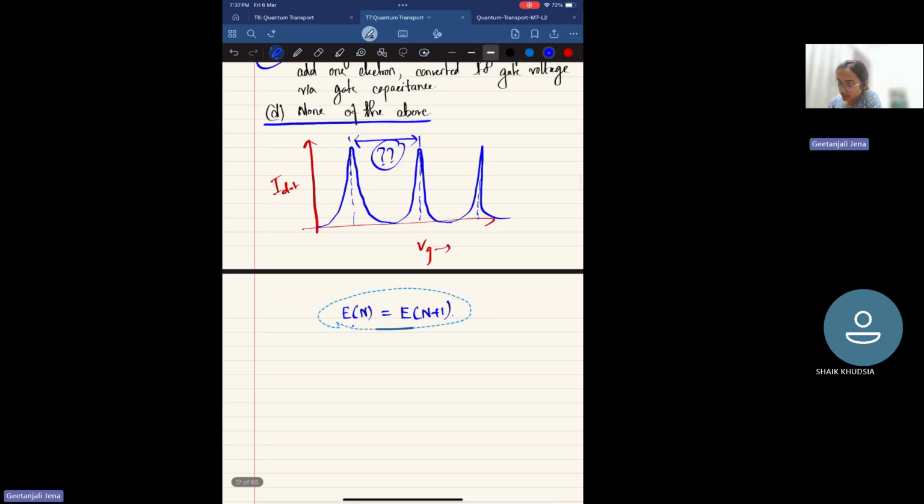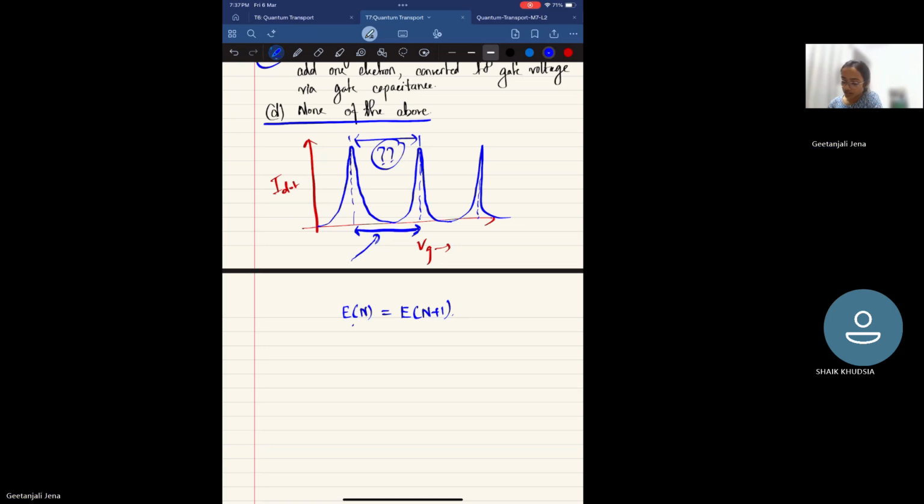And the spacing between these peaks corresponds to the energy required to add or remove one electron from this quantum dot region.